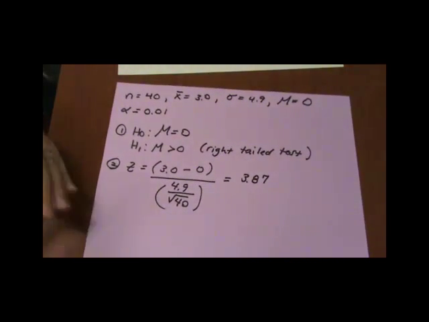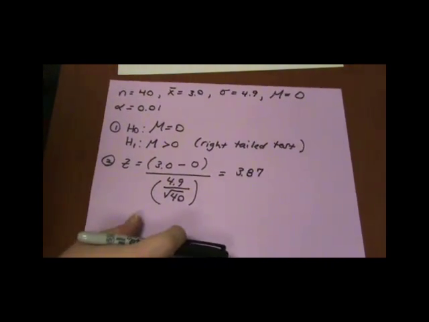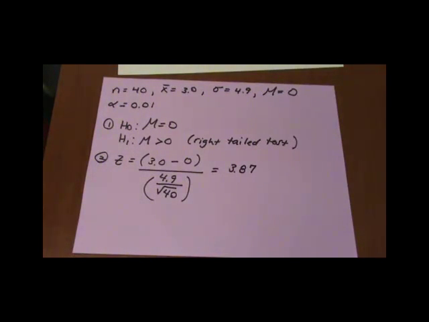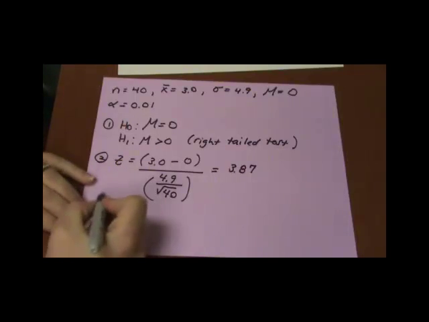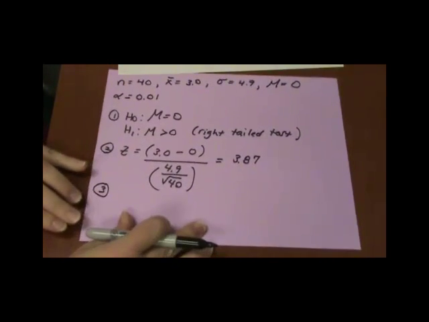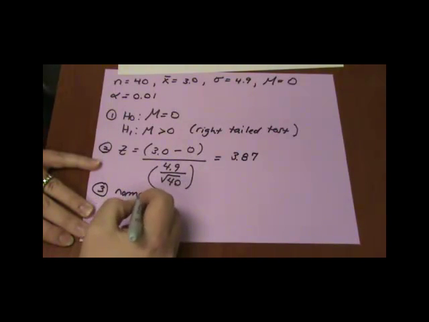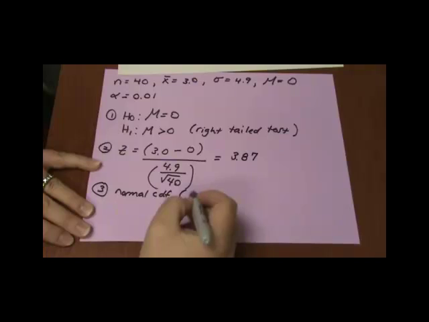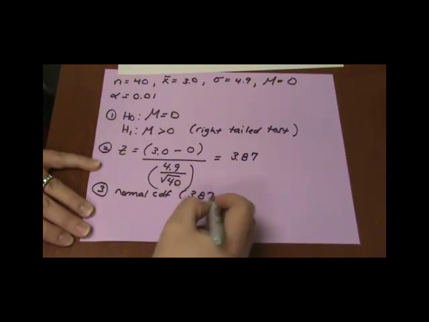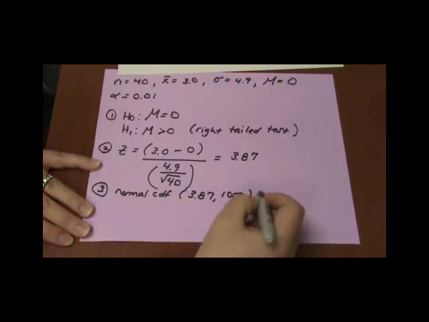Notice that this time it's a positive number because I'm doing a right tail test, and that should be the case. Alright, if I'm going to do my steps again, both methods, step 3 for my p-value, since I'm doing a right tail this time, I'm going to do normal CDF of my test statistic to 1,000, since this is right tailed.